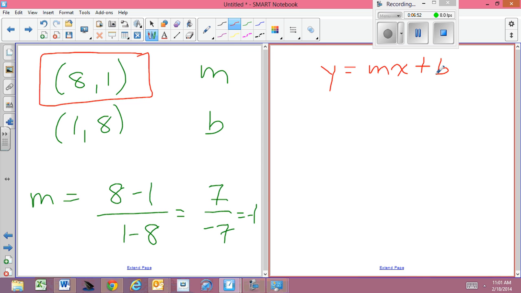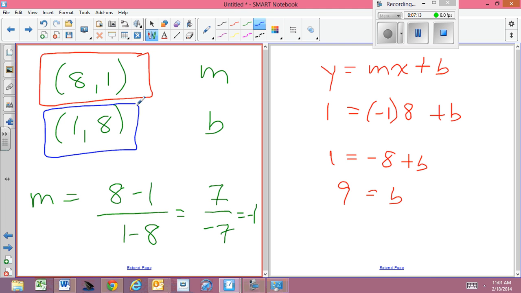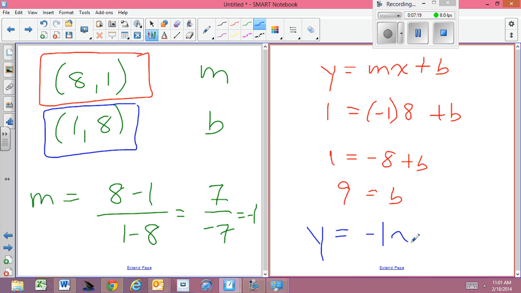If I plug in the slope that I just calculated, and I plug in 8 for x, 1 for y, I'll solve for b. So 1 equals -8 plus b, that means b equals 9. I would have found the same y-intercept even if I had plugged in the other point 1, 8. So now I have a slope that I calculated, a y-intercept that I calculated, and now I can write the equation of the line.